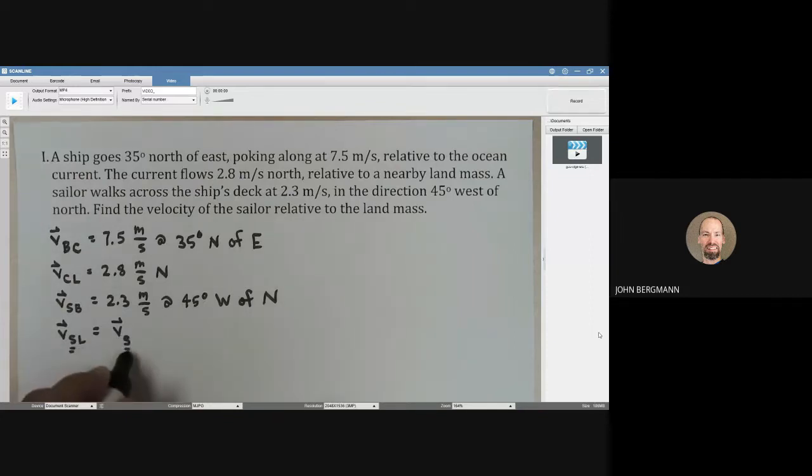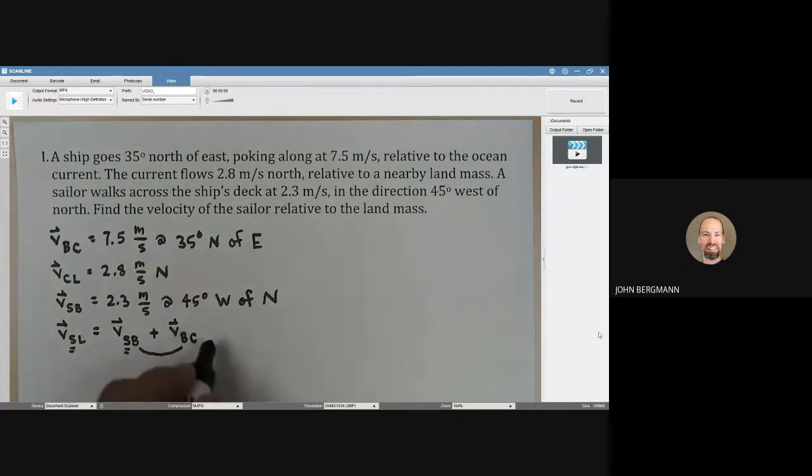There's an S, there's an S. Velocity of the sailor relative to, what do we have? The boat, all right? And that won't get us the answer, so we need to put another term here. We definitely know that the first letter for this one has to be the boat, because birds of a feather flock together. It looks like the one we're given is the velocity of the boat relative to the current.